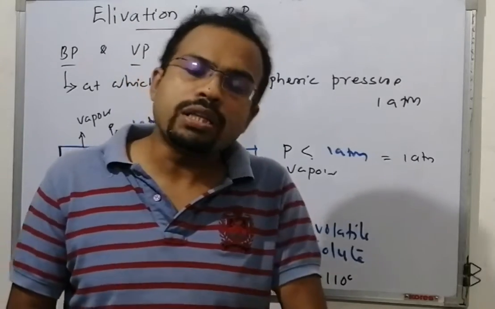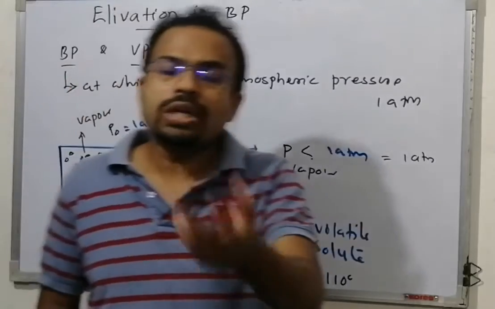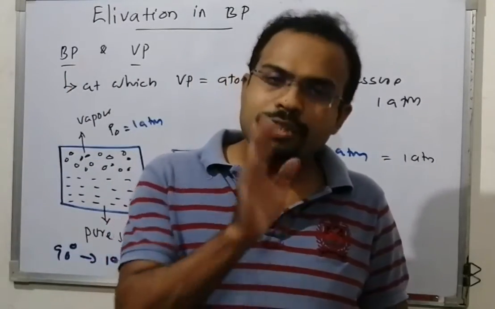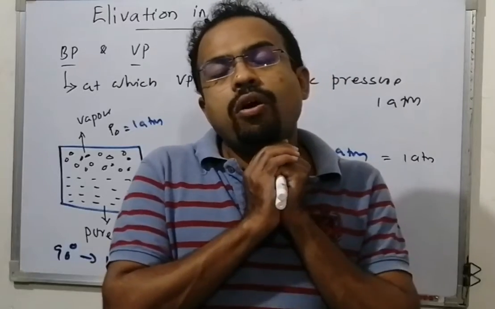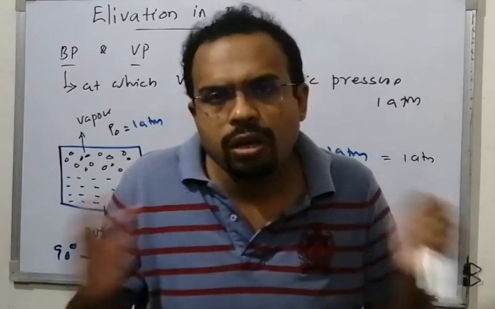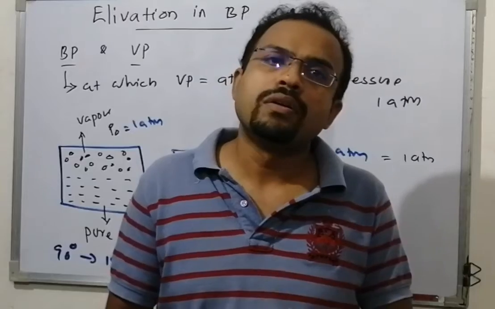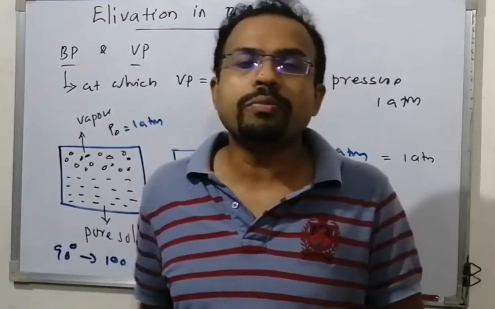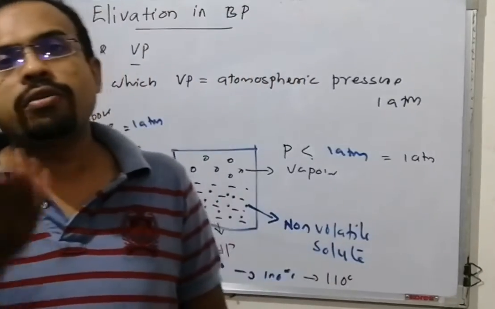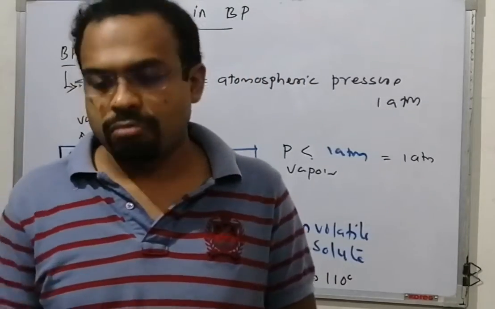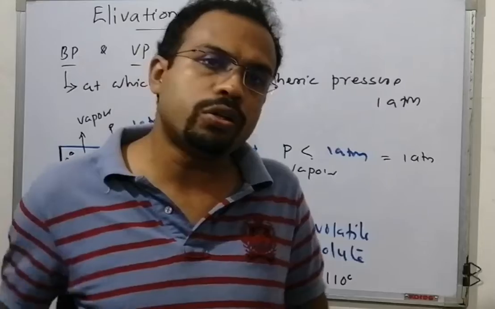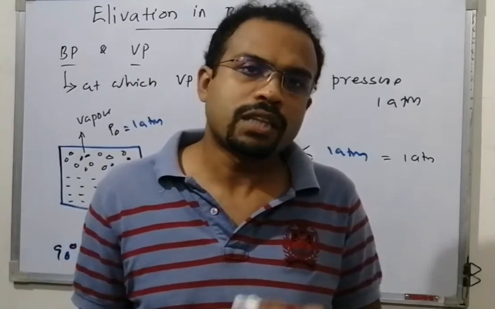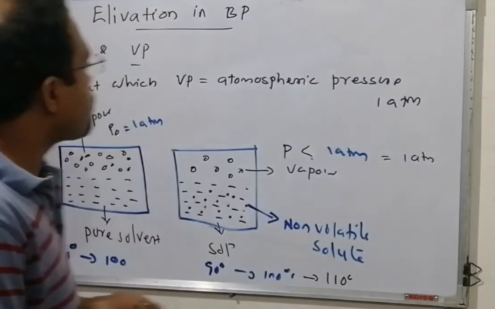You can even boil water that is still cool. How? You lower the atmospheric pressure extremely. Suppose you make it 0.1 atm, your water will boil at 10 to 12 degrees. That is cold water, but it will boil. Very funny, but that's possible.